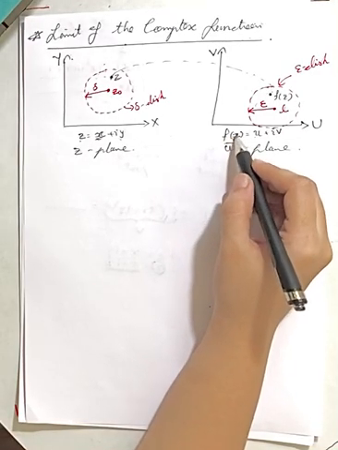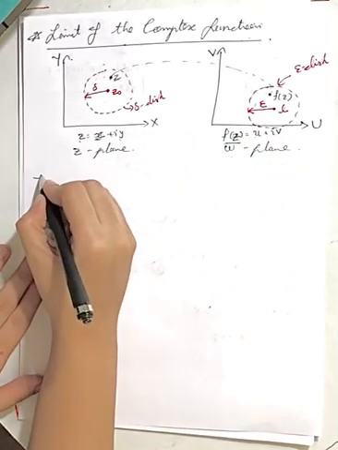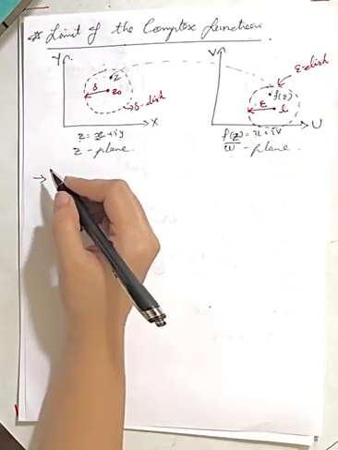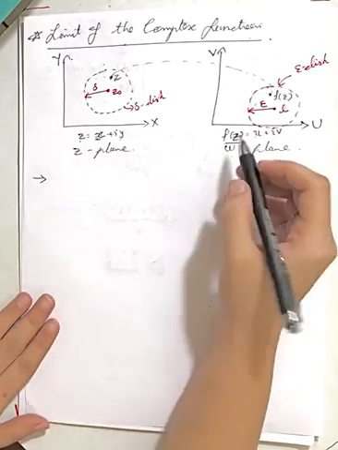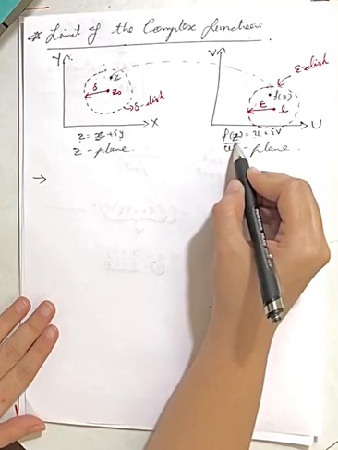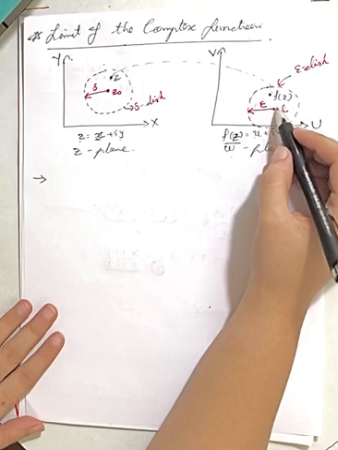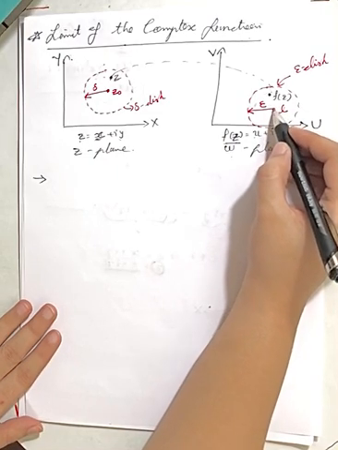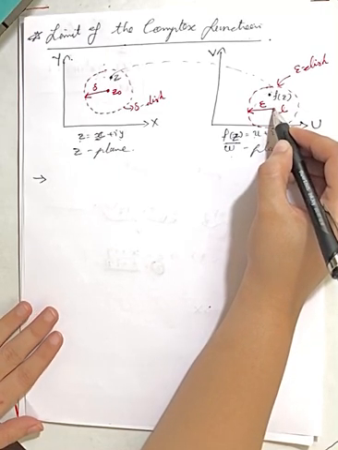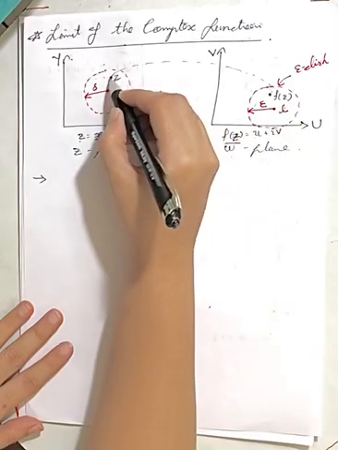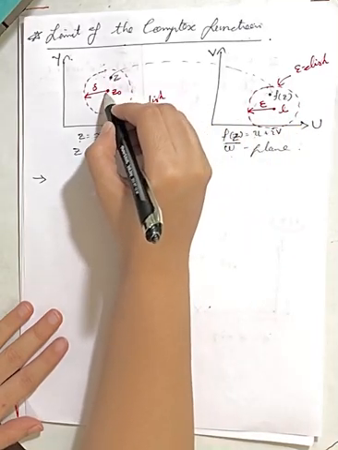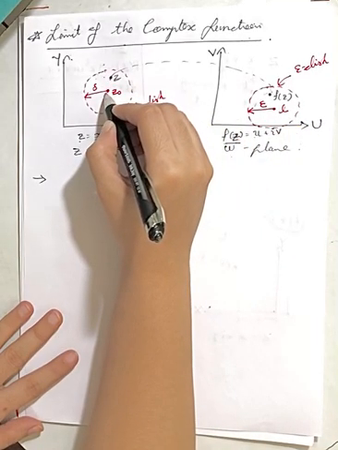So when does it follow the limit? Here is the definition. It says that the function f of z is said to tend to the limit L as z approaches z0.